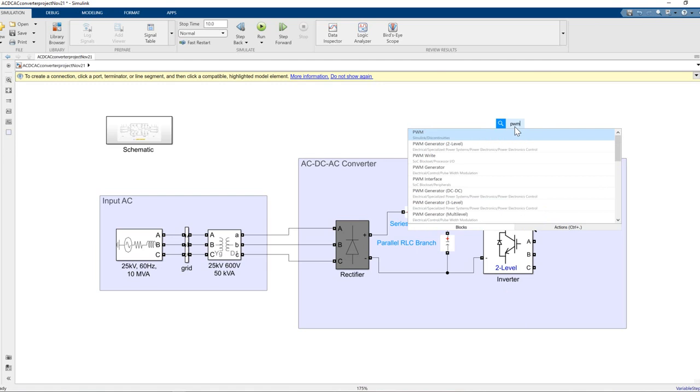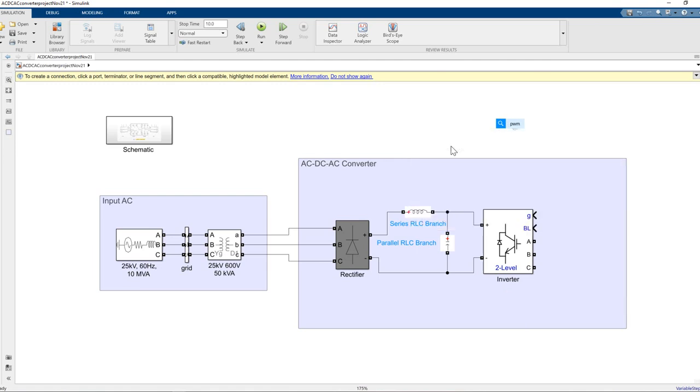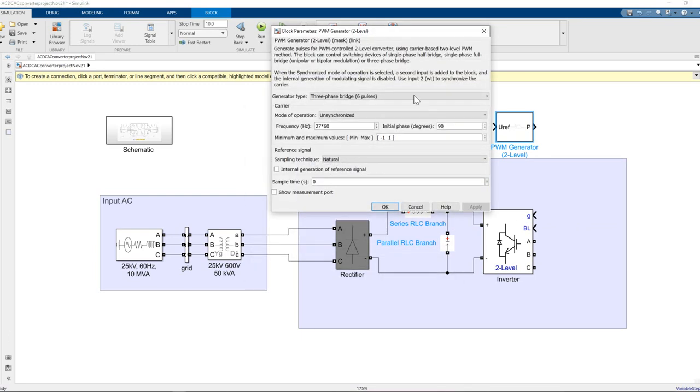And then we have the PWM generator, two-level. Frequency 2000, for example.